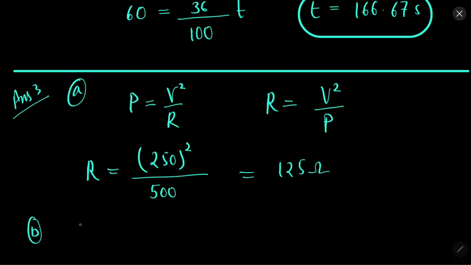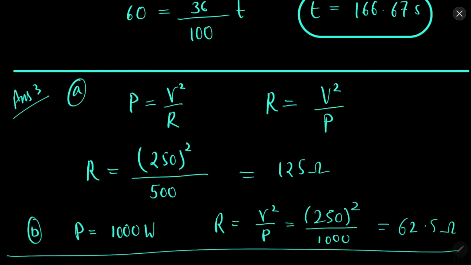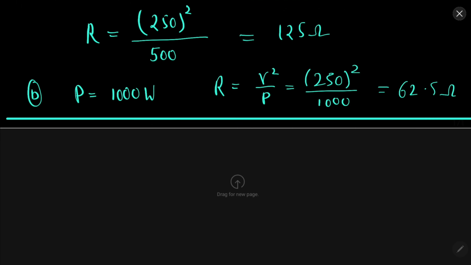In the second part, power needs to be 1000 watt. So R will be V square over P, 250 square over 1000. So it will give us 62.5 ohms. So only this much difference.